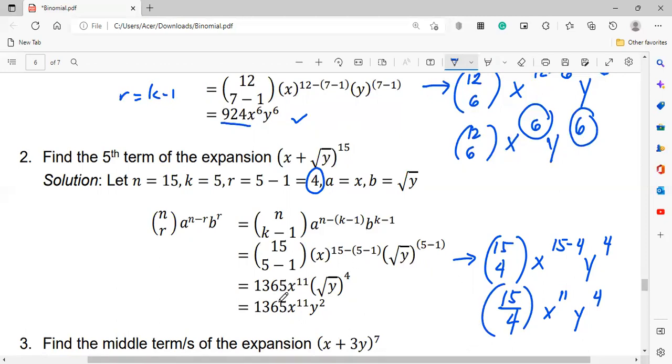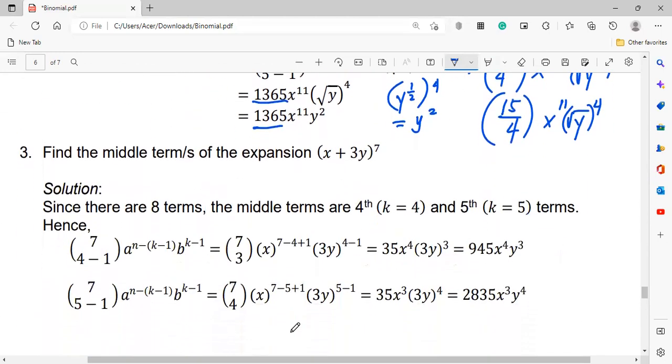Okay, and since 15 taken 4 is 1,365, so times x raised to 11 times, this must be square root of y raised to 4, and square root of y raised to 4 is y raised to 2. How? Because square root of y is equal to y raised to 1/2 raised to 4, y then is raised to 2. So the answer is 1,365 x raised to 11, y raised to 2.